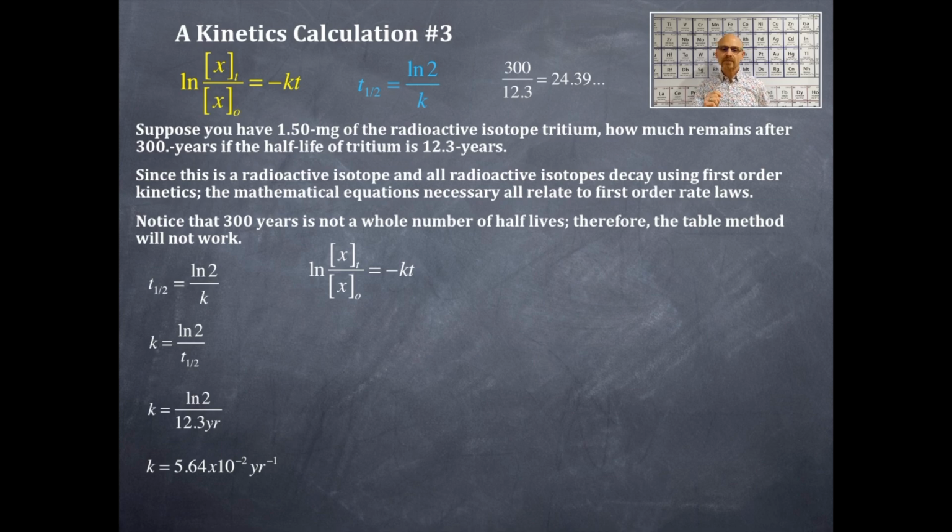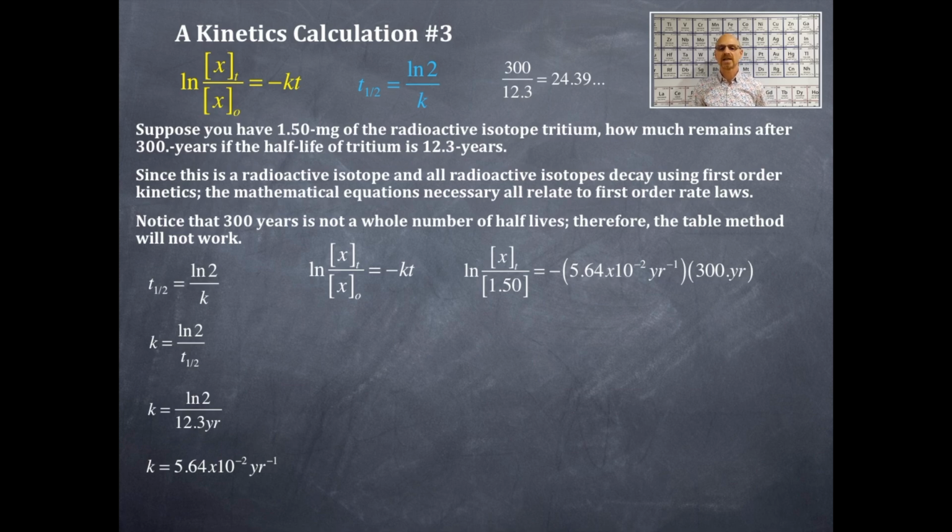The other information we have is 1.50 milligrams of a radioactive isotope. That is the initial concentration, and we are solving for how much remains after the 300 years, which is x of t. We plug all that information into the integrated first-order rate law.